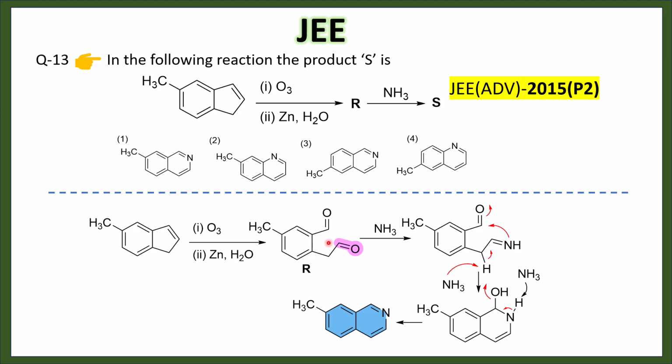This is the more reactive aliphatic aldehyde, and in this way the mechanism happens. Further ammonia addition gives the imine, and then ammonia, being basic, abstracts a proton and the reaction proceeds through the enamine mechanism and gives this initial product, and further dehydration gives this isoquinoline-type product. So the correct option here is this one.